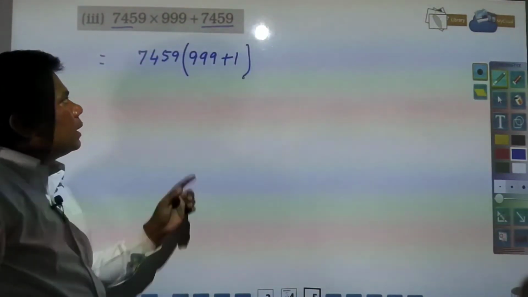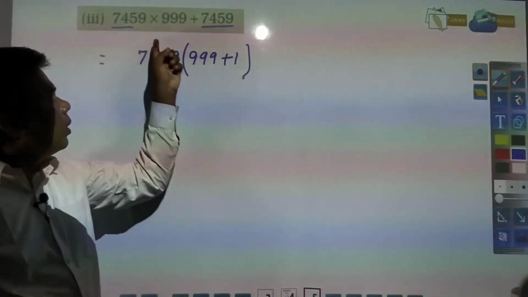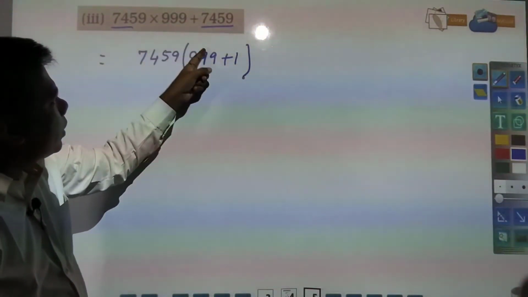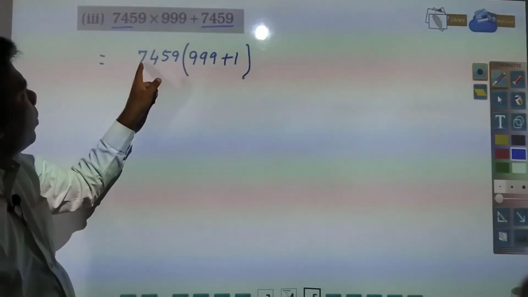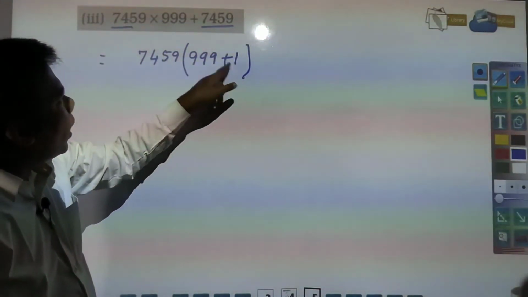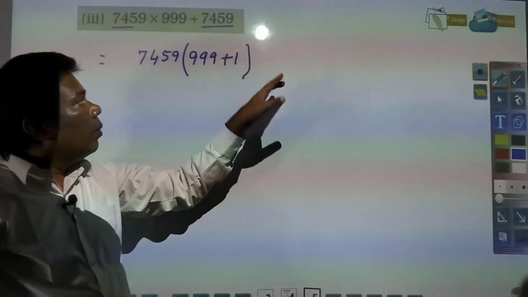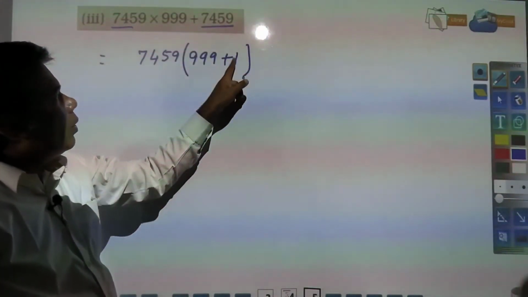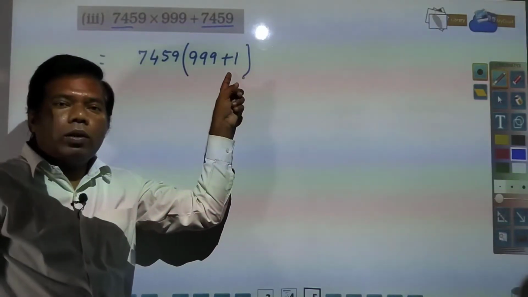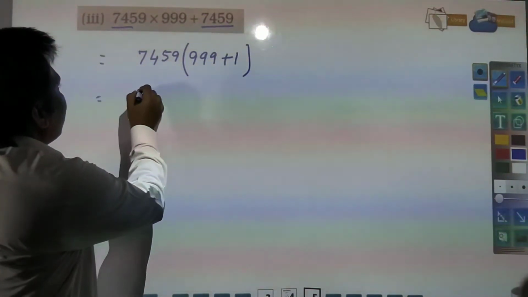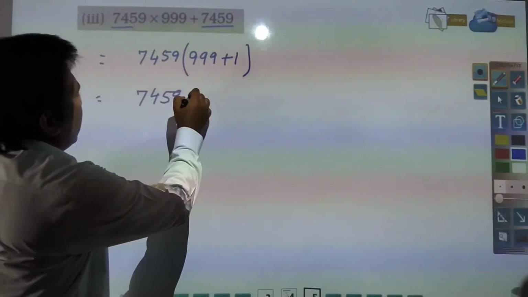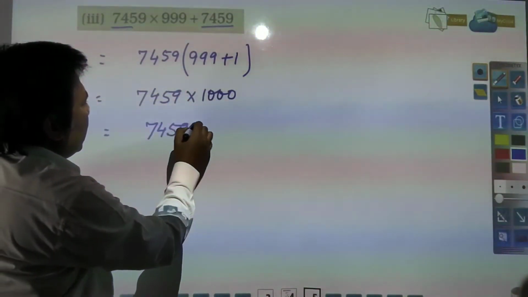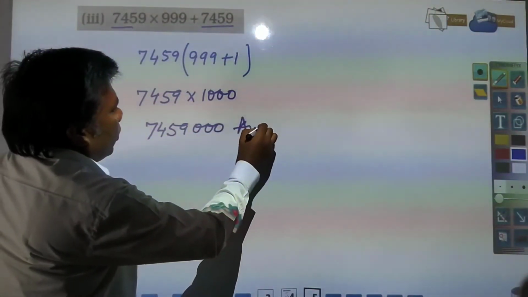Since if you are multiplying this, the same number you should get. 7459 into 999, if you multiply this term you will get this. If you multiply 7459 into 1, this term you will get. If you would write 0 over here you will get 0 if you are multiplying with 0, and that's why 1 is required to be written. Now 7459 into 1000 it will be, and you will get 7459 and 000, and this will be your answer.